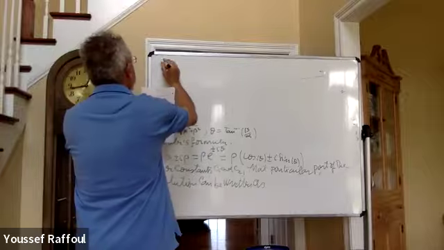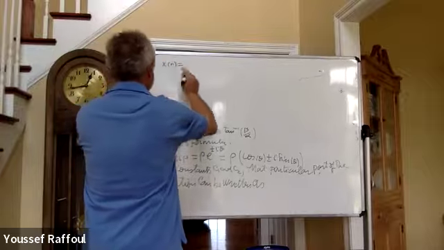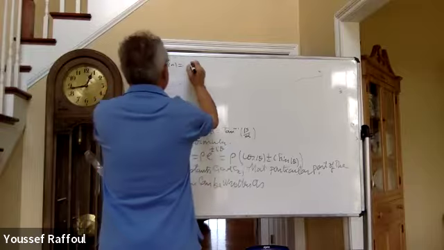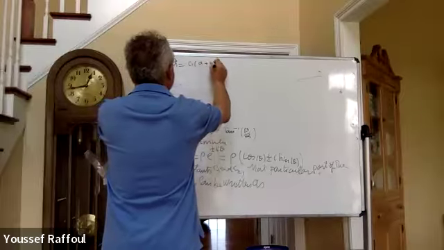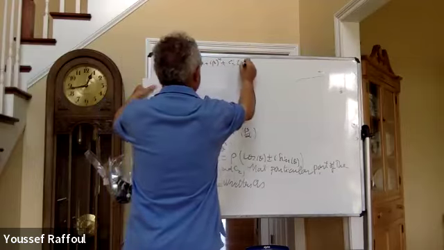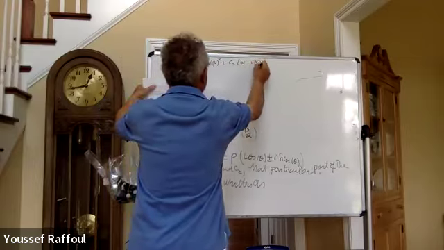Can be written as x_n equal to C1 (alpha plus i beta) to the n plus C2 (alpha minus i beta) to the n.